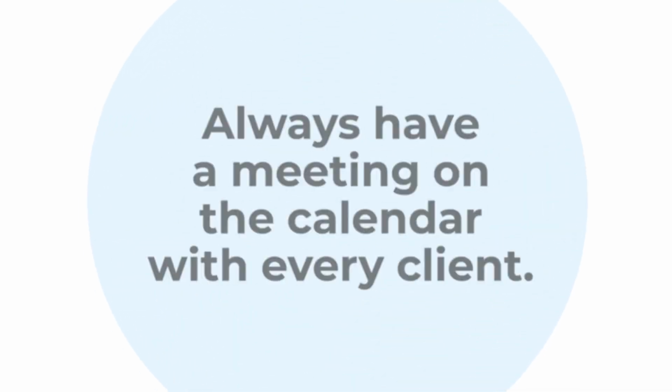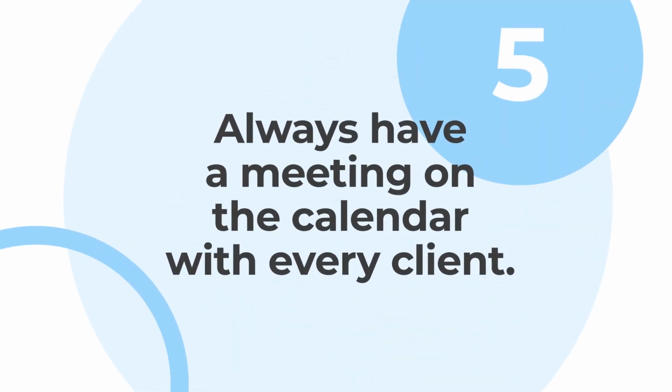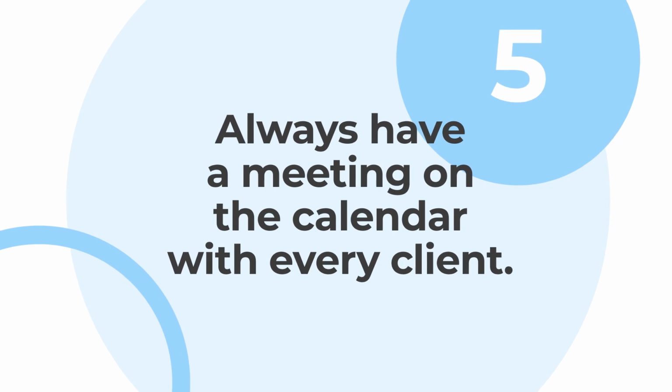Number 5, always have a meeting on the calendar with every client. One way that you can do it is every time you're in a meeting, before you leave, book your next meeting. It's so cool in the way that it manages the workflow of your office because now you already know when you leave that meeting what deliverables you need to get done by what day.